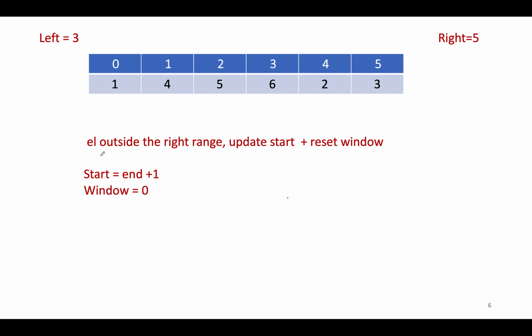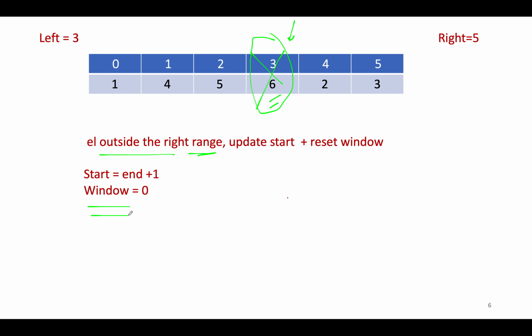What happens when an element lies outside the range of right? What are we going to do? So which element lies outside the range of right? There is only one element here, which is 6. What we are going to do is reset the window size to 0, because these are the blocking points as discussed in the previous section.